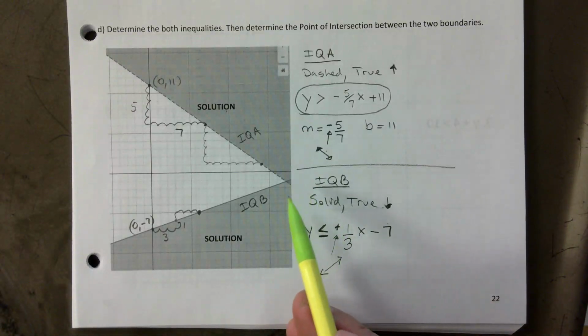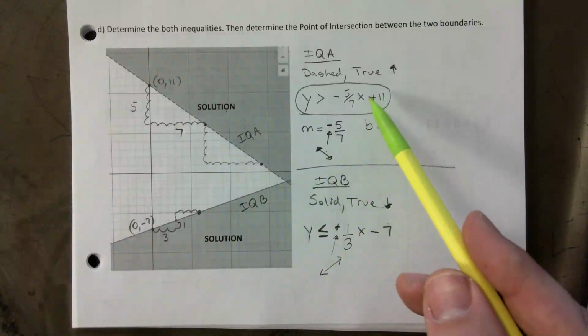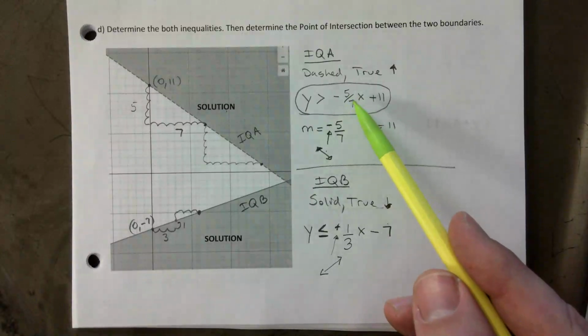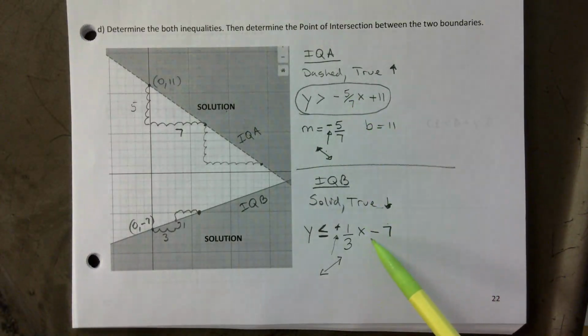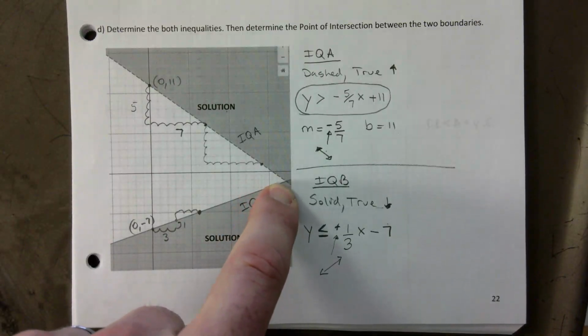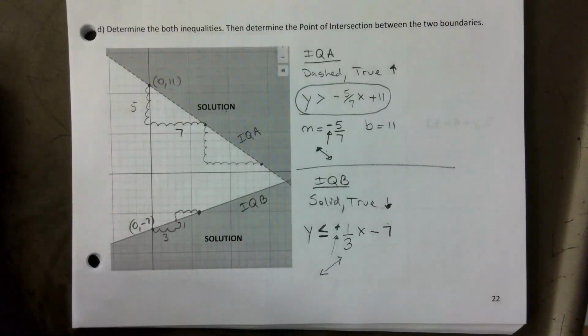Are you able to find your point of intersection here using your calculator? Yes, because we can treat this as an equation when we enter it into our calculator. Same with this one. So why don't we go ahead and do that? Find where they meet. Okay? Find where they meet. Take a few seconds to do that.